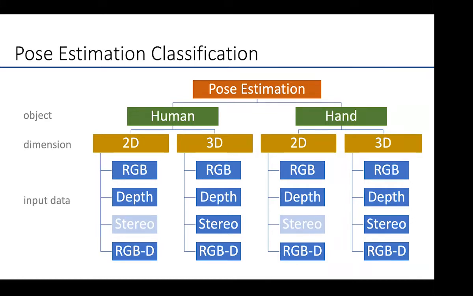It can be classified based on the dimension that you want to derive, whether it is 3D hand pose estimation or 2D hand pose estimation, and based on the input data. We have RGB, just usual image. We can have depth. I will show this image in a minute. We have stereo image pair. I will show it as well. And we have RGB image plus depth image as input data. And based on the input data, we want to derive the pose of human or hand, 3D or 2D.